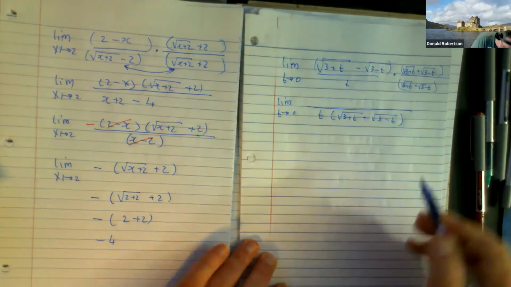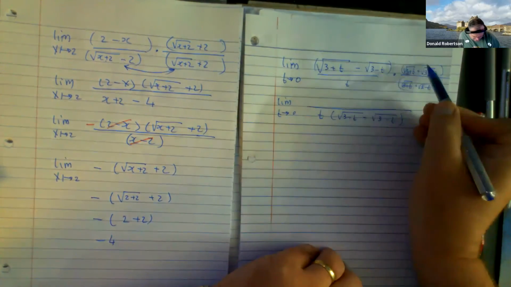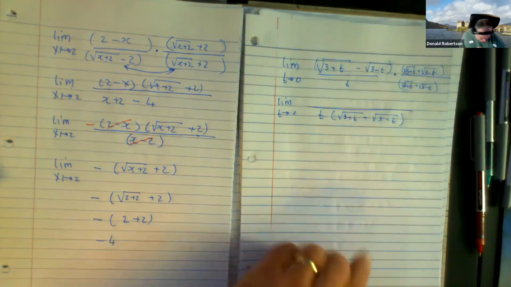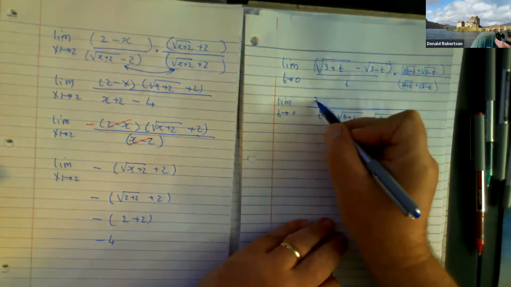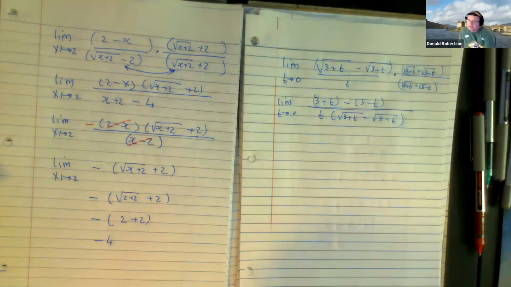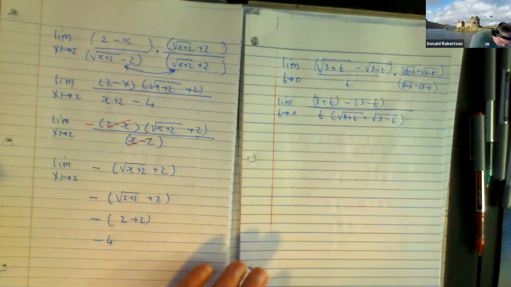But I will FOIL these out. And the shortcut, if you want to do it, is the first guy squared, take away the second guy squared, or FOIL it out the long way, but that's what you'd get.